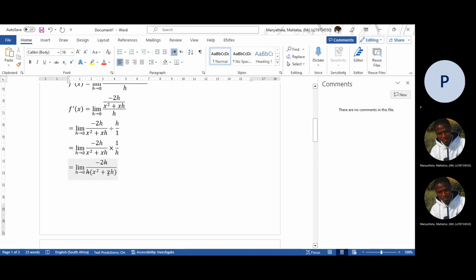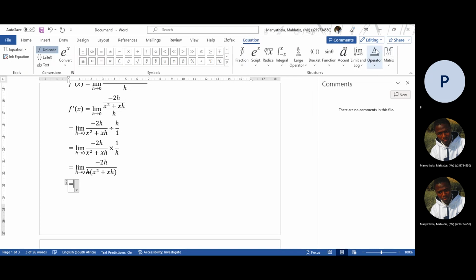Meaning that what we're going to remain with will be minus 2 over x squared. We drop this term because x carries h, and we also drop the limit. So that's your final answer.